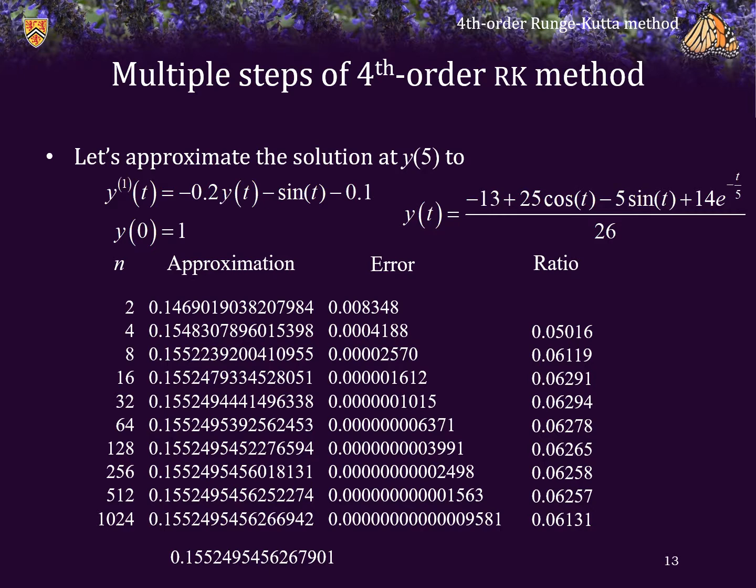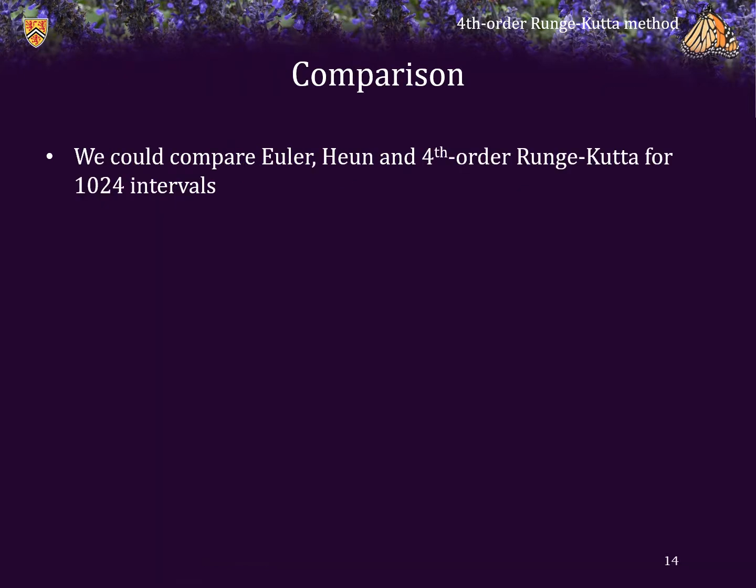We have far more precision in that last answer than we would ever possibly actually require as engineers. Now, we've looked at 3 different algorithms, Euler, Heun, and 4th order Runge-Kutta, and we could compare each of them as to how well they work with 1024 intervals.